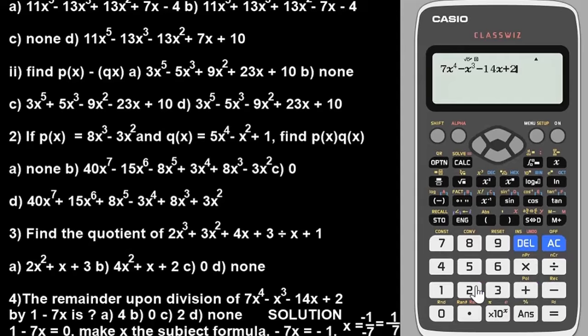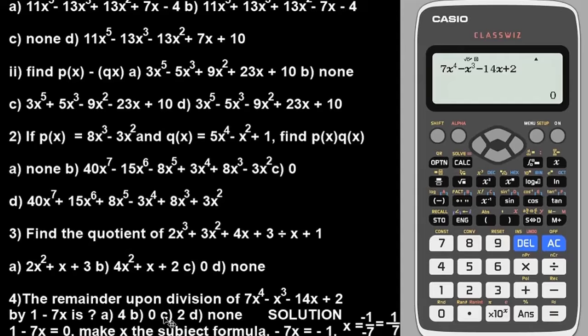Okay guys, so that's it. Now once you are done, you press equals and you see your answer. The answer will be 0. The option is option B, so the answer is 0. It's as simple as that, guys.